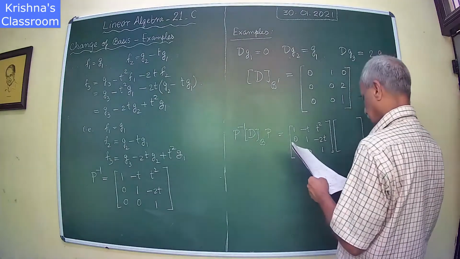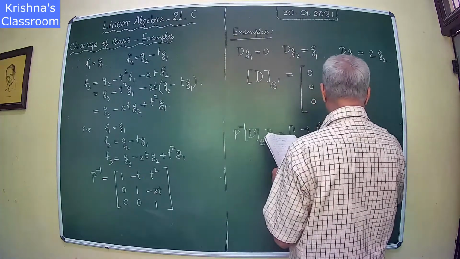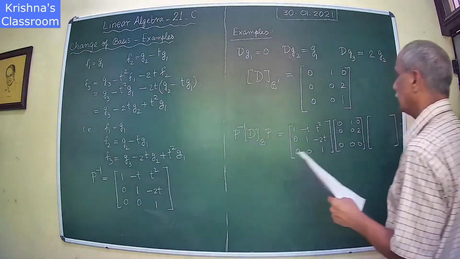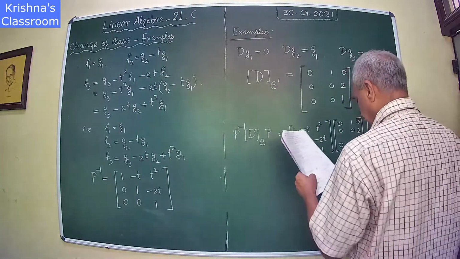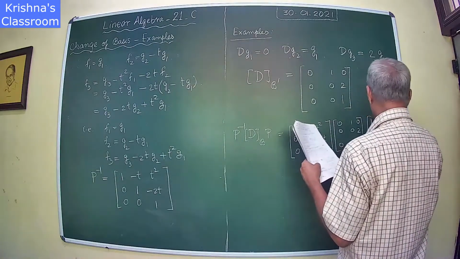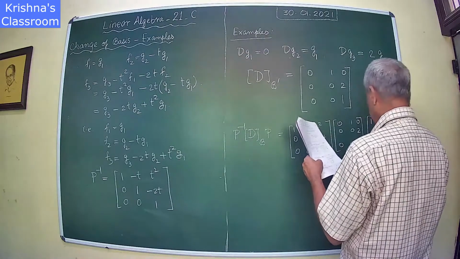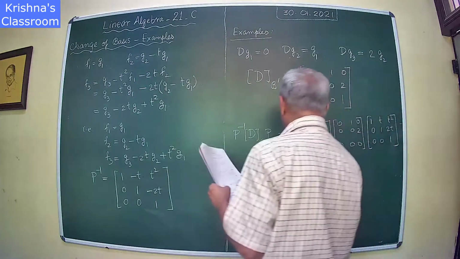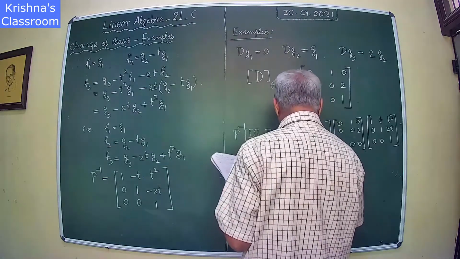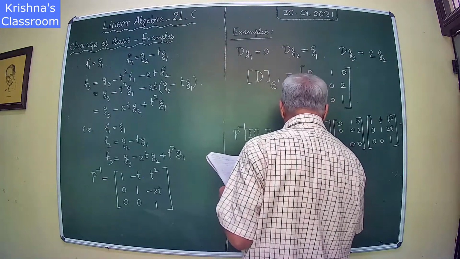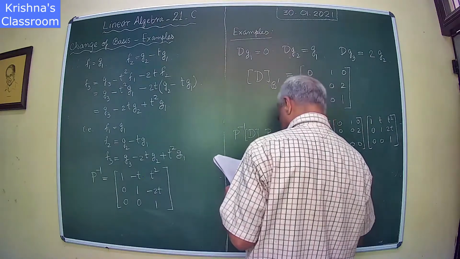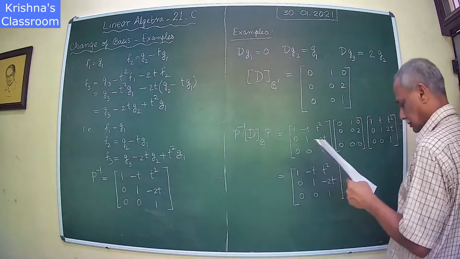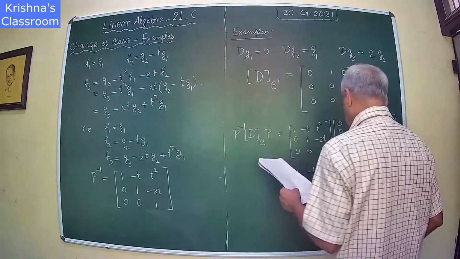Then you have the matrix 0, 1, 0, 0, 0, 2, 0, 0, 0, multiplied by this, which is P. P is 1, t, t square, 0, 1, 2t, 0, 0, 1. Go through the computation.